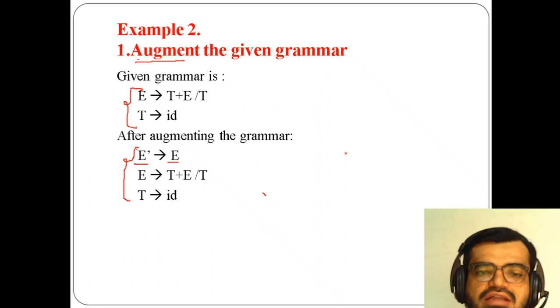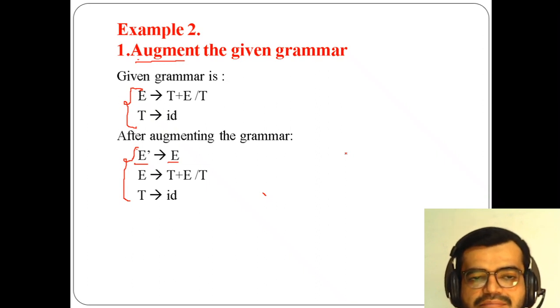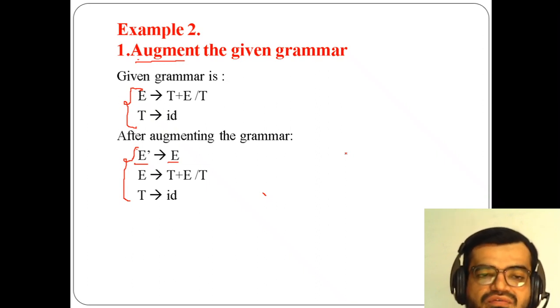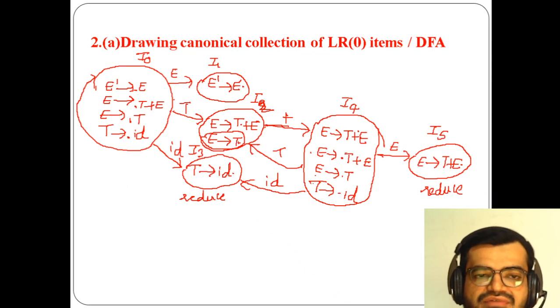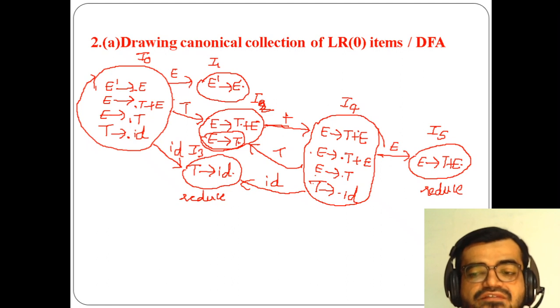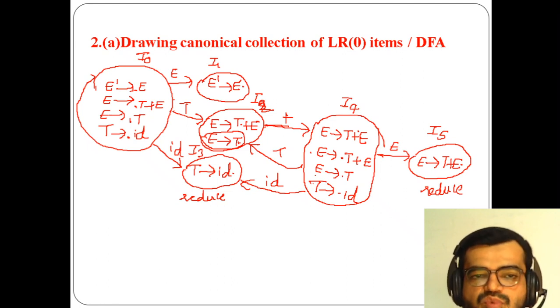This example is not an LR(0) grammar, but that doesn't mean it is not SLR(1). We need to verify it, so I'm using the same grammar here. That's why I'm not redrawing the same diagram; I'm using the same canonical collection for SLR(1) parsing as well.